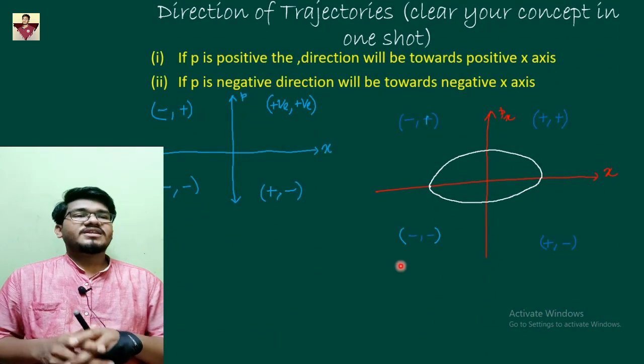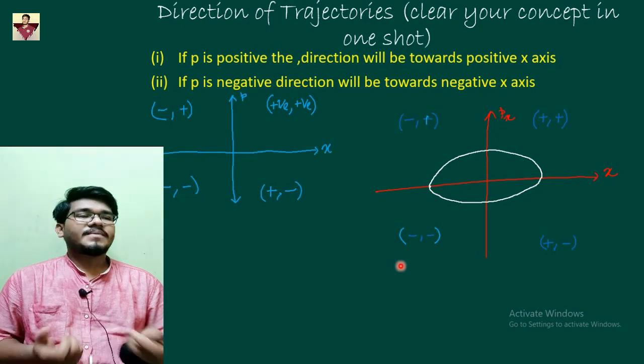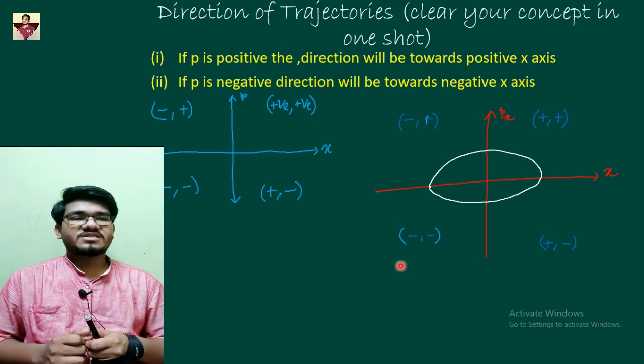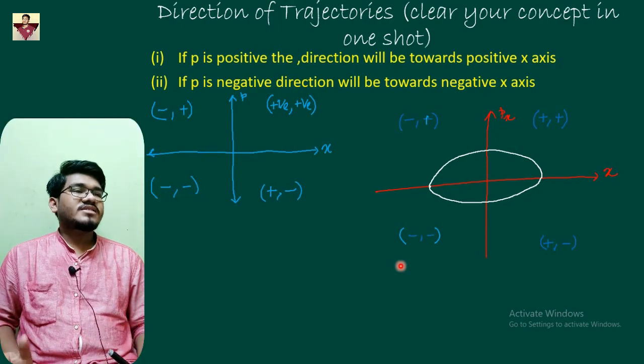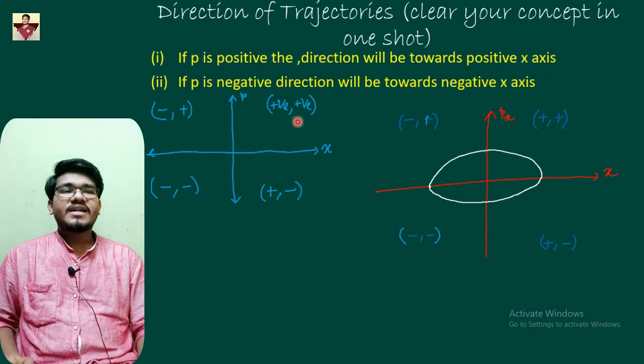Now the most important thing: many students get confused, even I used to, about how to draw the direction in phase space trajectories. As a thumb rule, when P is positive, the direction will be towards the positive x-axis, and if your P is negative, the direction will be towards the negative x-axis.